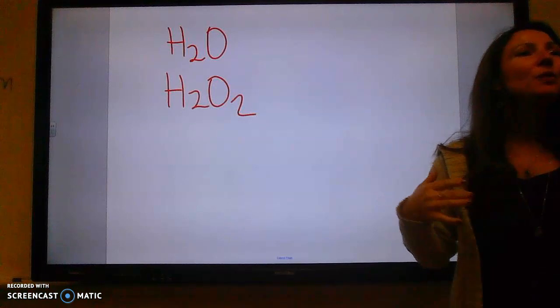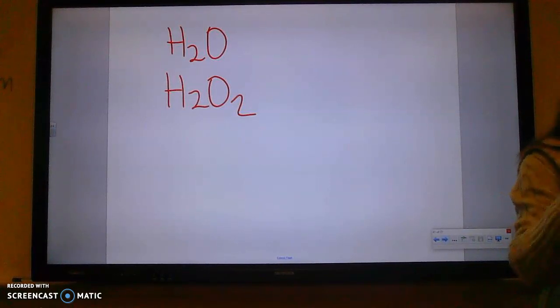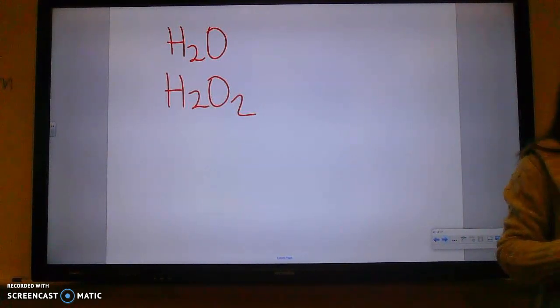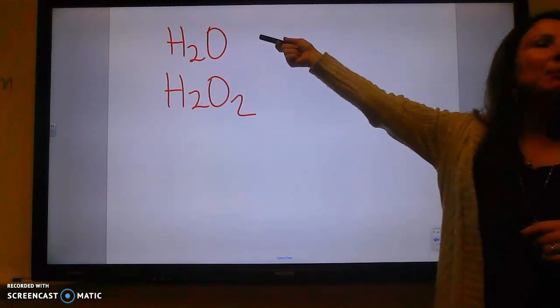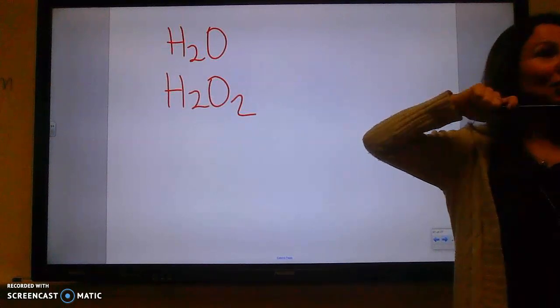Looking up here, there's 2 examples. One is an empirical formula and one is not. Remember, empirical formula is the simplest whole number subscripts. So we just got to see if the subscripts can be further simplified or not. Okay? So do you think this is an empirical formula? Yes or no? All right. Y'all are right.